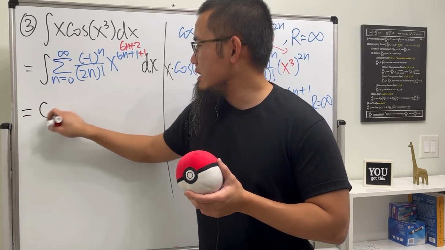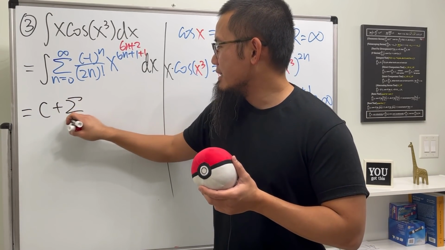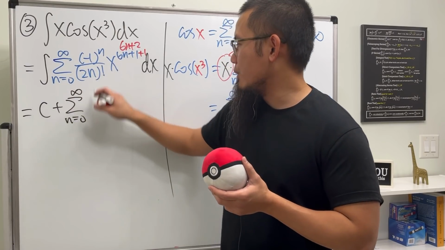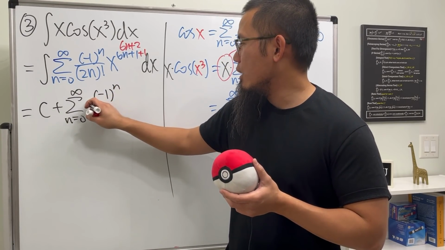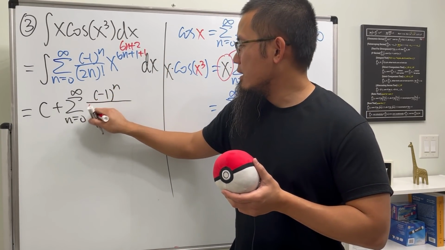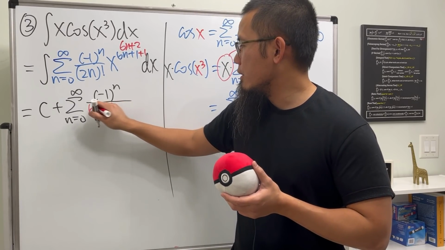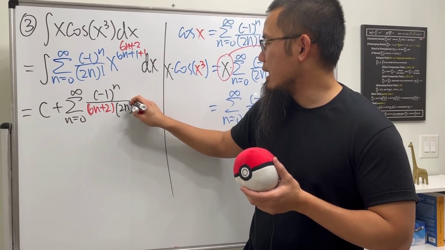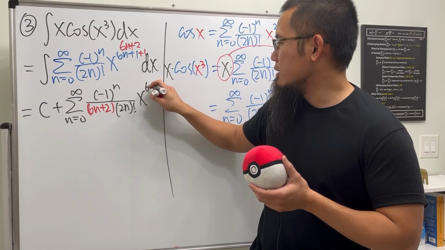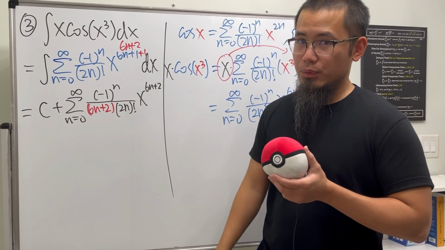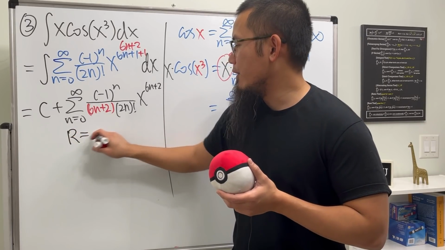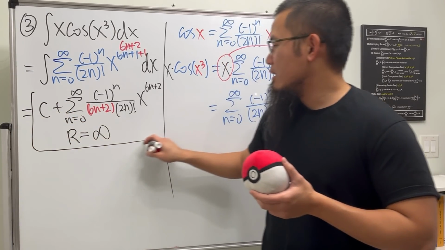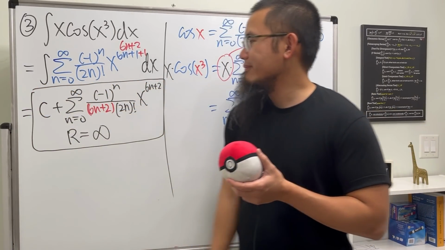So here we have c plus the series as n goes from 0 to infinity of negative 1 to the n over 6n plus 2, times 2n factorial, and lastly x to the 6n plus 2. And then we're done. Again, r is very nice because it is infinity.